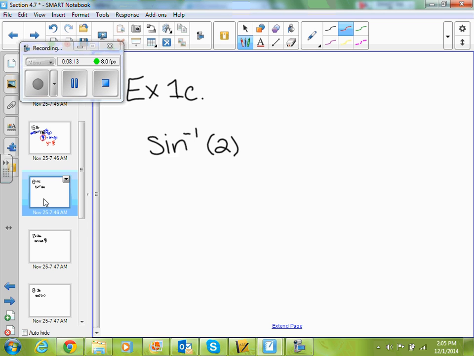Okay, let's do one more. So inverse sine of 2. If I set that equal to y, I get inverse sine of 2 is equal to y. So in order to get rid of an inverse sine, I take the sine of each side.